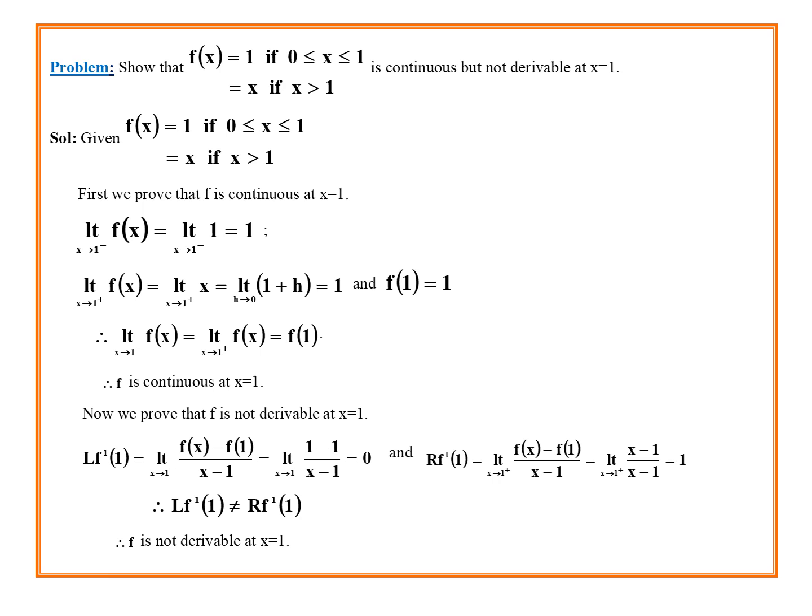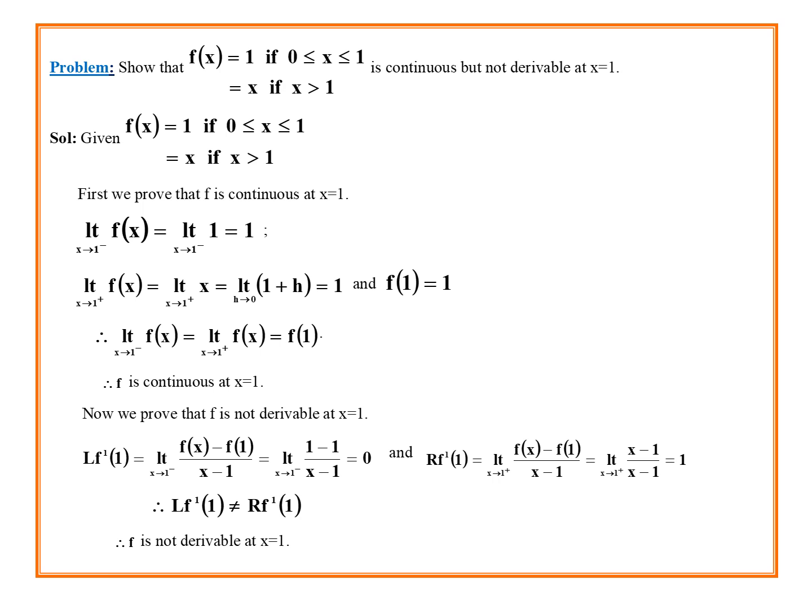First we have to prove that f is continuous at x is equal to 1. Limit x tends to 1 minus, we are finding the left hand limit. Limit x tends to 1 minus f of x is equal to limit x tends to 1 minus of 1, a constant function, which means the value is 1.